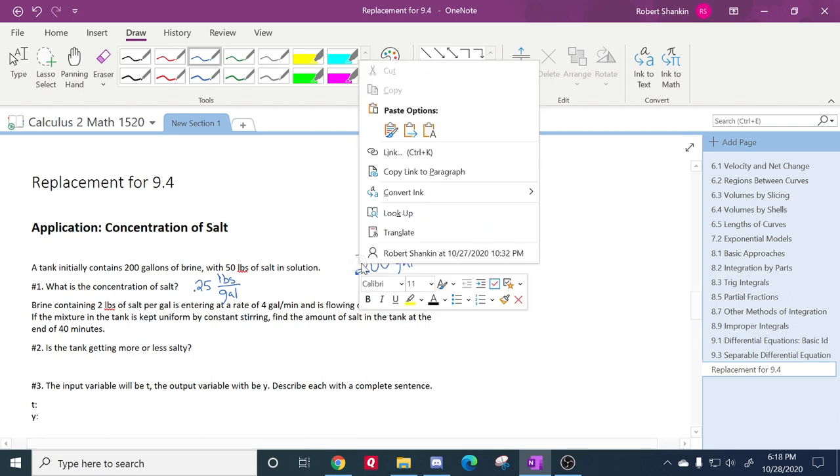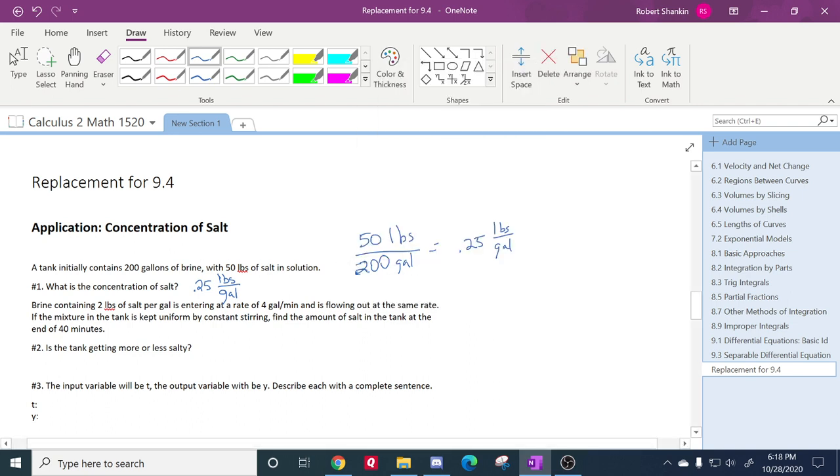I think in this case, we'll just leave it as 0.25 pounds per gallon. The reason why I wouldn't necessarily turn it into a percent is because if I had a liquid and a liquid that I was comparing, then I could be doing volumes. 25% of the volume is this other thing.